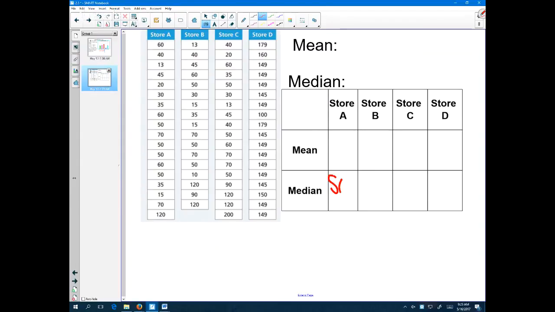Back to the mean again. Can someone tell me how you find the mean for these? Alex Carey, how do you find the mean again? We gotta do one thing before that first. Well, we're not at that 200 one yet. Okay, we're just at store A, the original.